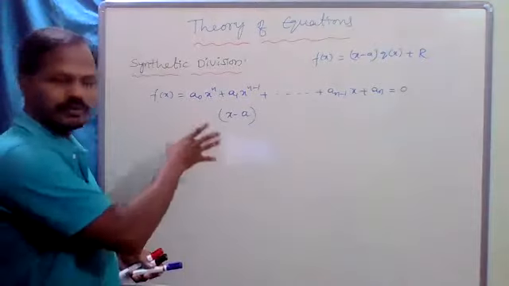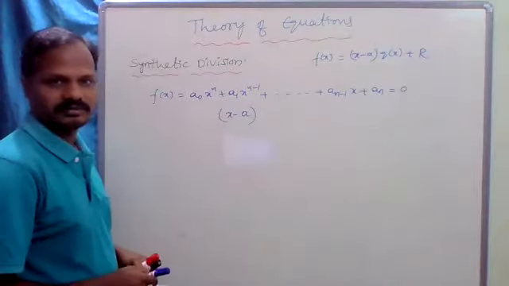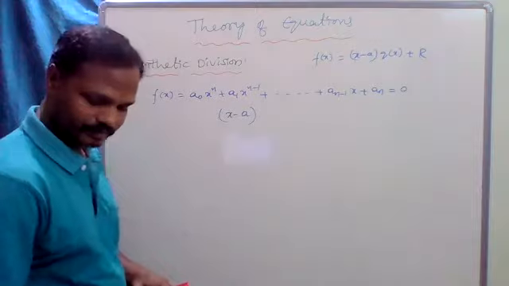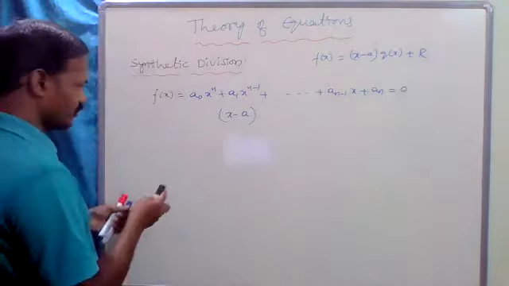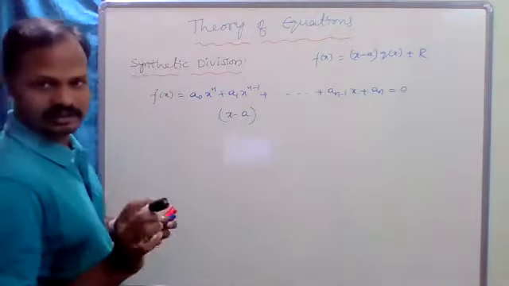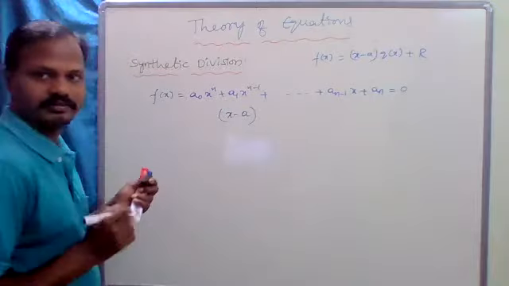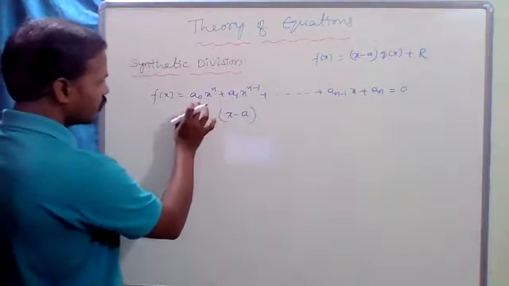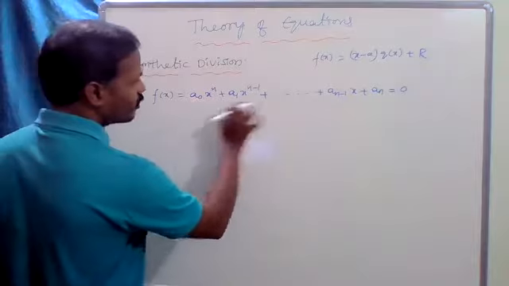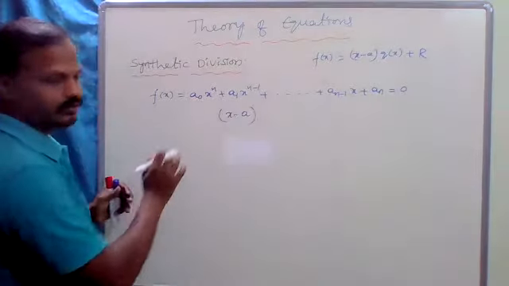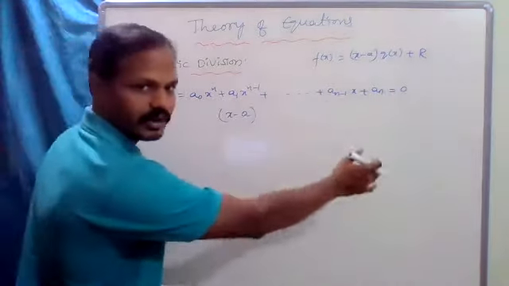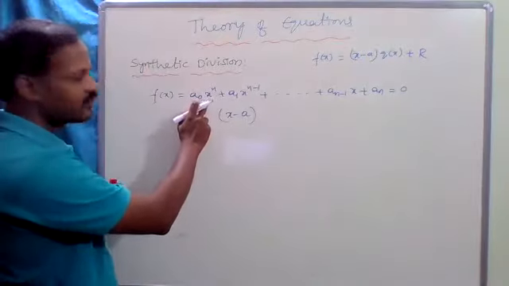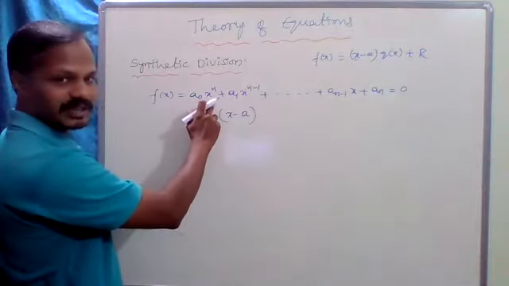Now, how will we do this synthetic division? First of all, listen carefully, it's very easy. First, write all the coefficients from highest degree to lowest. You have to start from the highest degree, which is x power n.